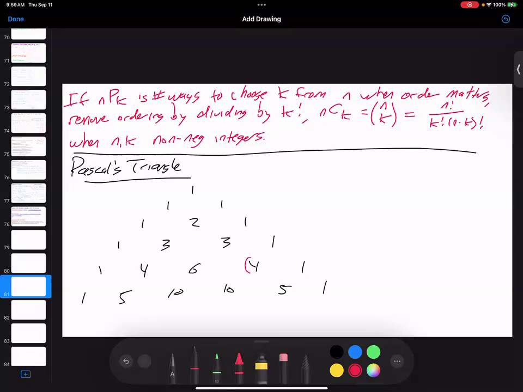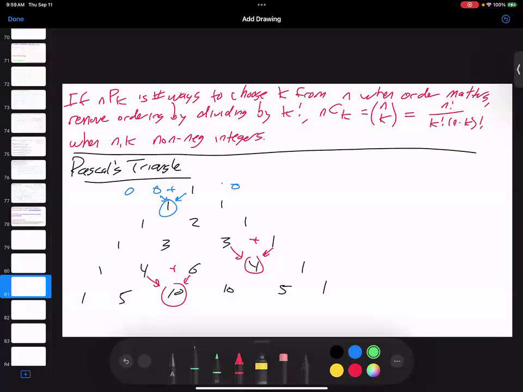And each number is the sum of the 2 numbers above it. And if you want to extend that to stuff over here, you could imagine we have all these zeros as well. So this one over here would be 0 plus 1. And this one over here, and so on and so on.